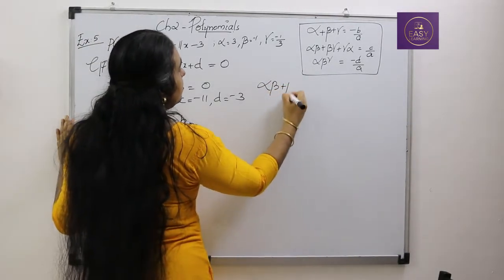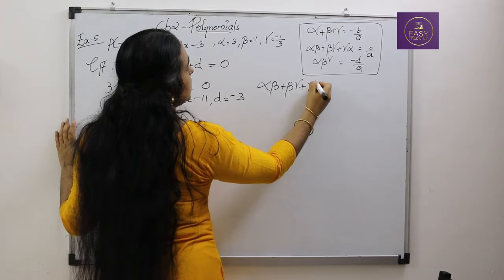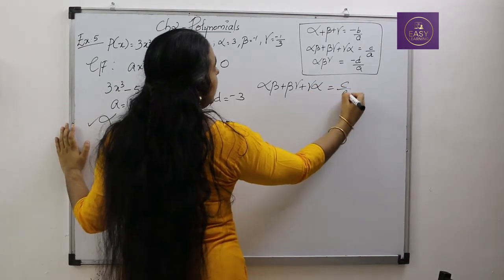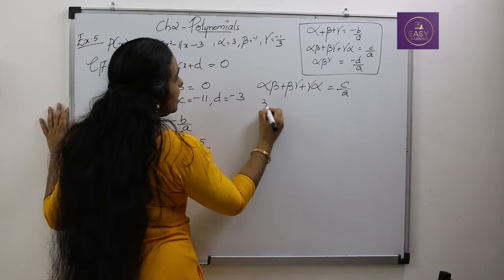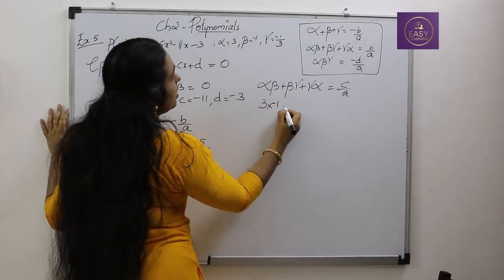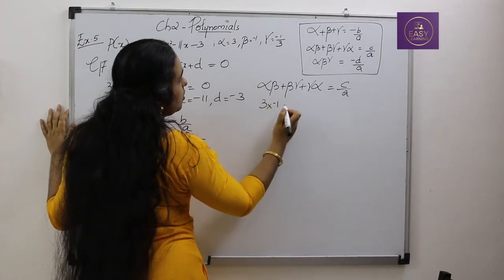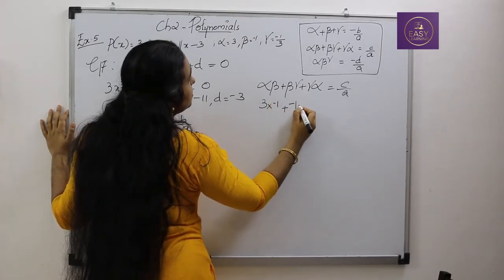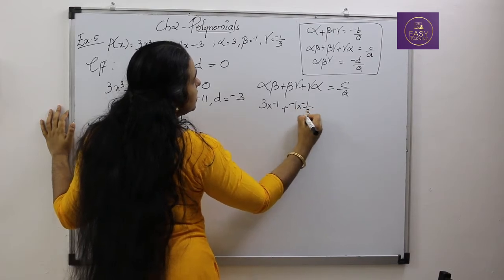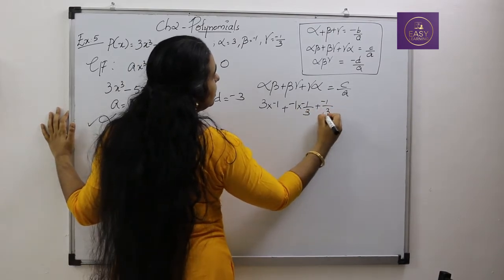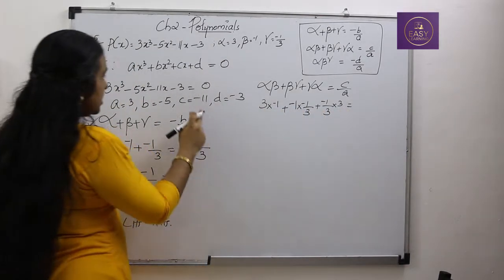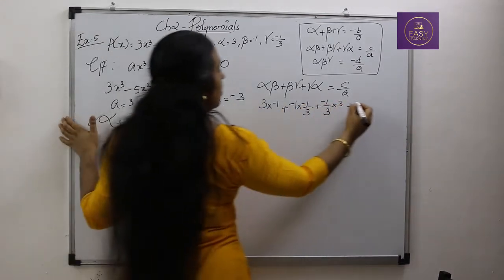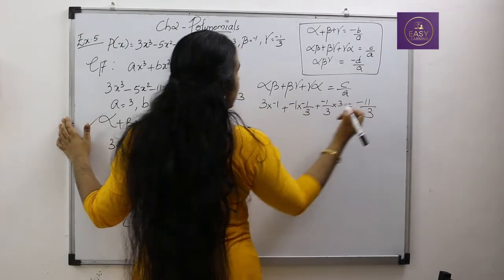What is the next relationship? Alpha beta plus beta gamma plus gamma alpha equals c by a or not. Alpha is 3. 3 into minus 1 plus minus 1 into minus 1 by 3 plus minus 1 by 3 into 3 equals c, which is minus 11 by 3.